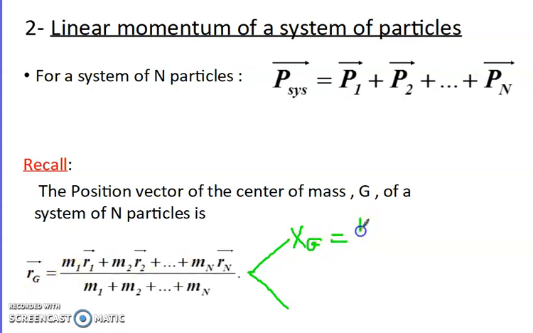So m1 x1 for the first particle plus m2 x2 plus, then you count all the particles, mn xn over the total mass, m total.